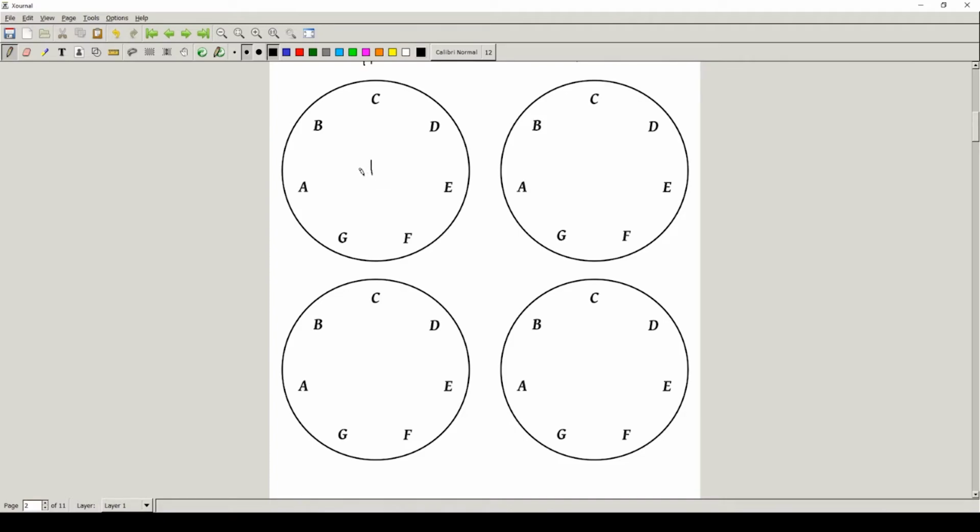So for instance, let's imagine doing a root motion from 1 to 6 as triads. So a 1 chord is, of course, C, E, and G. That'll go to A, C, and E.